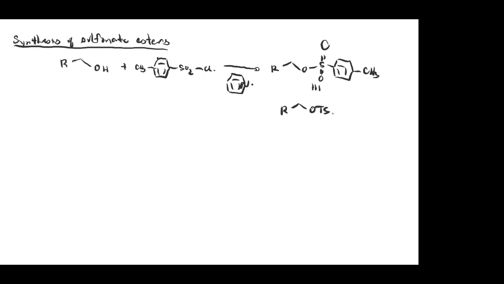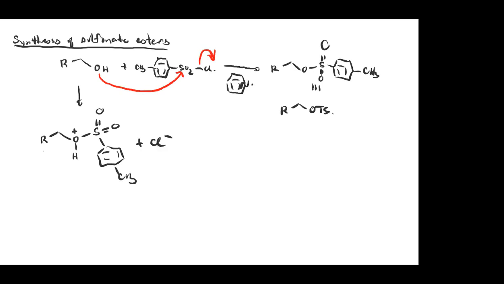ROTS, okay? And so the mechanism involves, as a first step, attack of the alcohol on the para-toluene sulfonyl chloride, okay? So I'm going to attack the sulfur, kick out Cl minus, and what we form then is ROH plus, and then I've got the tosyl group plus the chloride anion, okay?